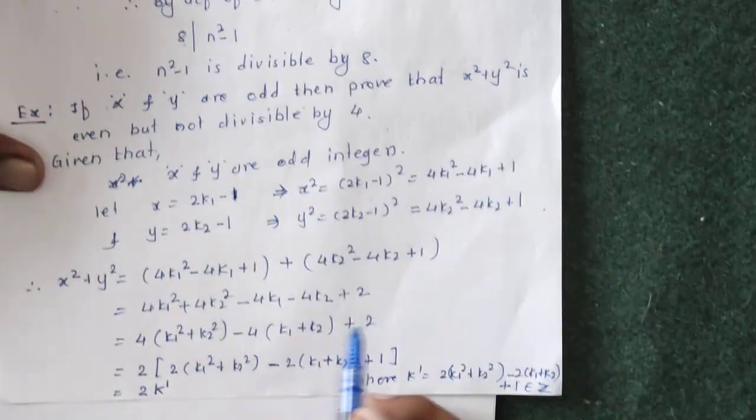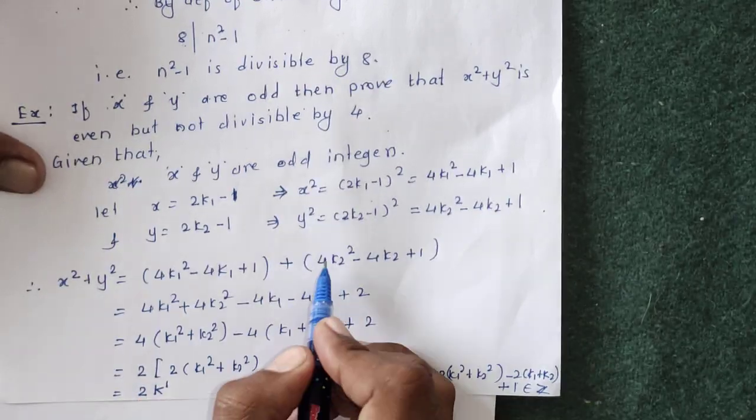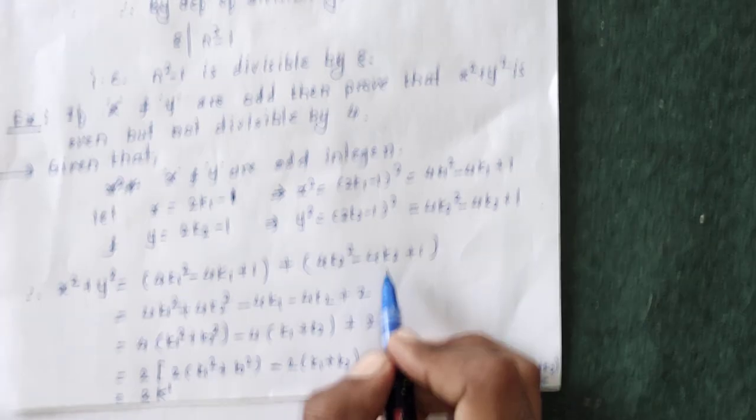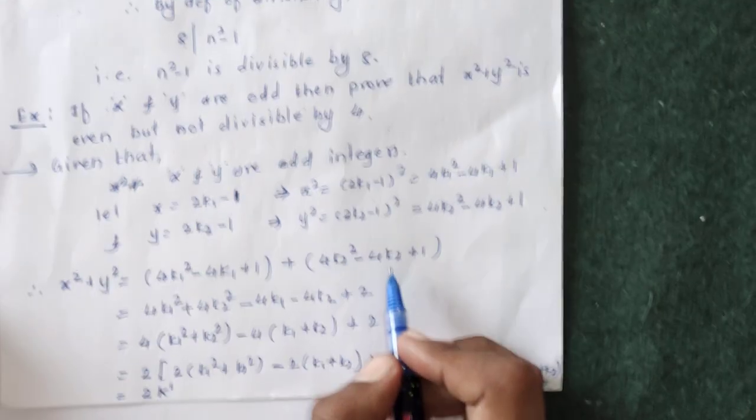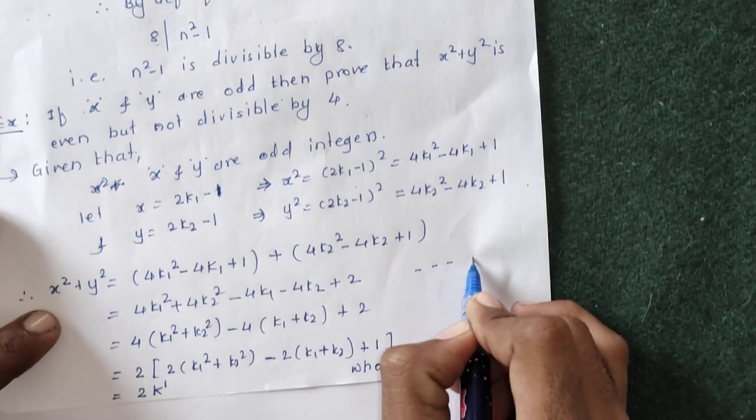Now, taking the terms of square form separate and the constants k1, k2 separate, we can write this equation. Suppose this is our equation number 1.